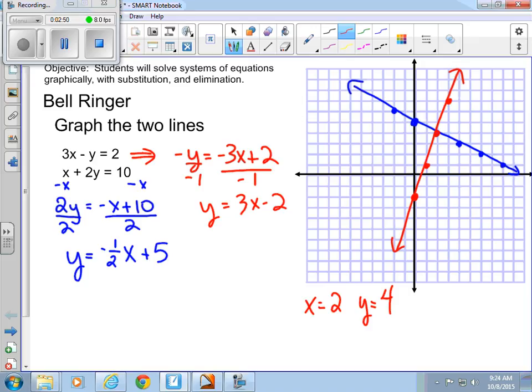You tell me, how would you find that? Try it in your calculator. Go do it real quick. Find the intersection on your calculator, to make sure we didn't mess up by an incorrect graph.